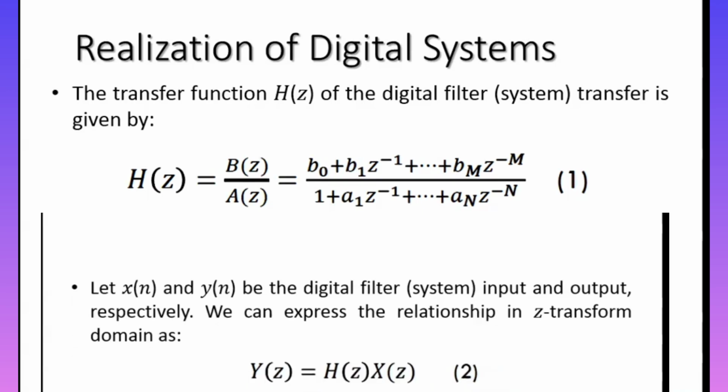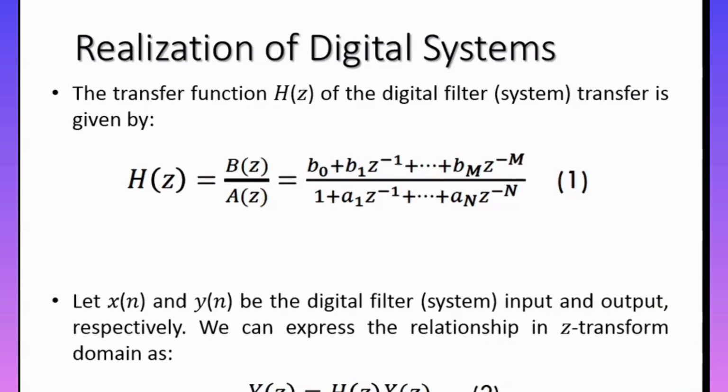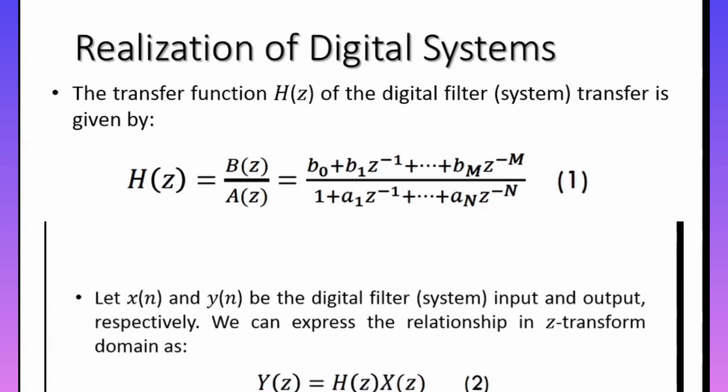We know that Y(z) is equal to H(z) into X(z). Let us consider x(n) and y(n) to be the digital filter input and output. x(n) is your input and y(n) is your output, and h(n) is the impulse response. We can express this relation in the z domain as equation 2, that is Y(z) equals H(z) into X(z).